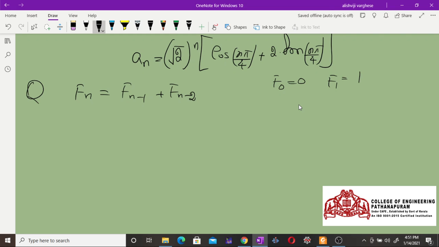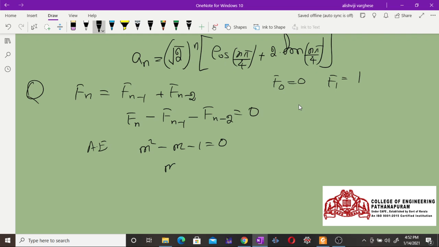So if we rewrite it into the standard form, then it is F_n minus F_(n-1) minus F_(n-2) is equal to 0. That means the auxiliary equation becomes m square minus m minus 1 is equal to 0.